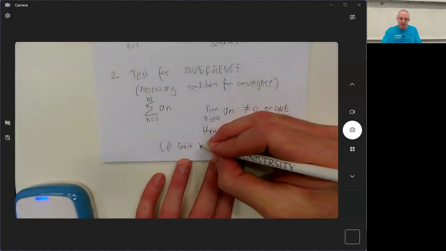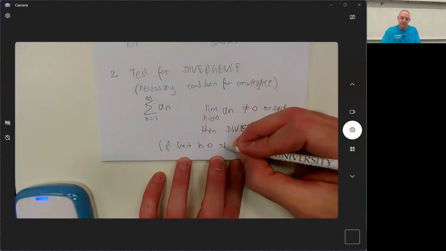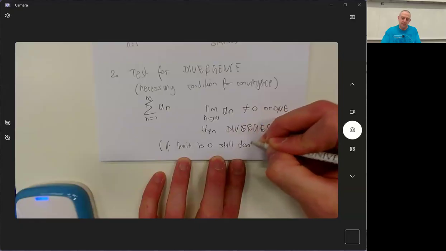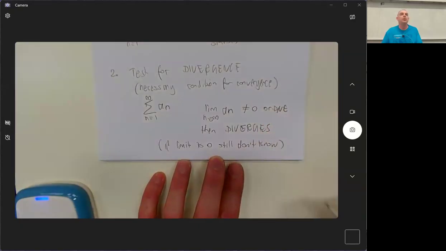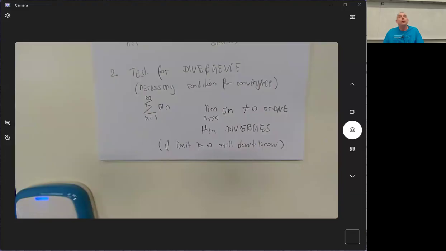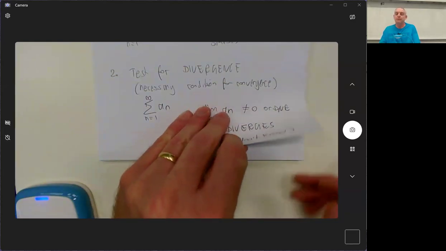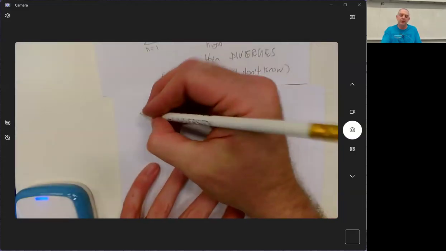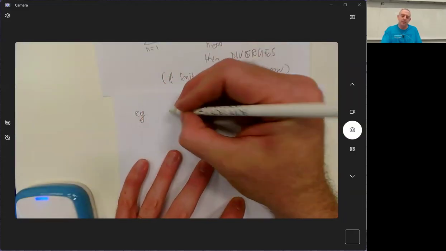If the limit is 0, you still don't know whether it converges or not. That's an important thing to know. Some people call it the test failing, it just doesn't tell you anything. So I really need to do an example to ram this point home.